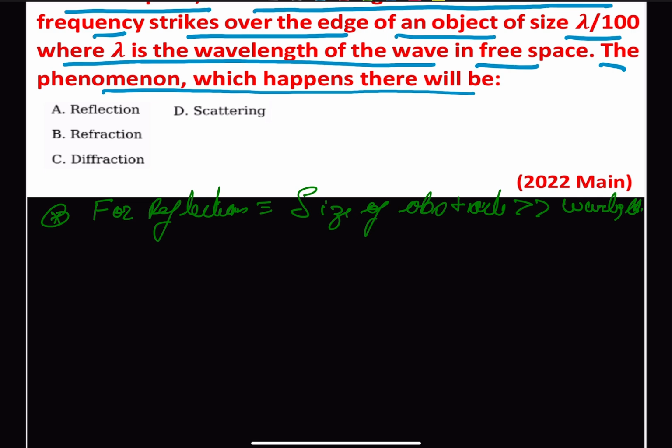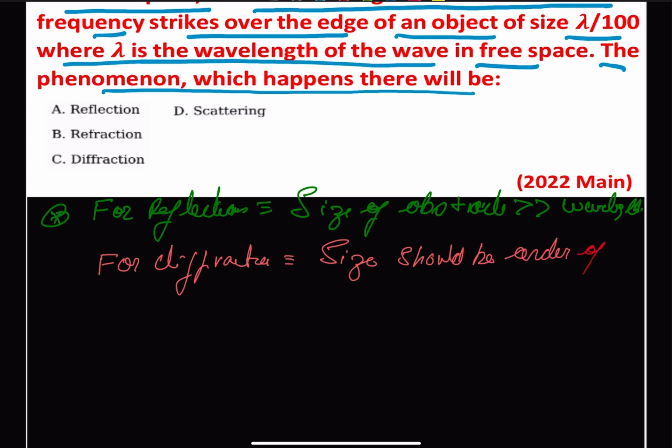Okay. And for diffraction, the size of the obstacle should be of the order of the wavelength. Order of wavelength.